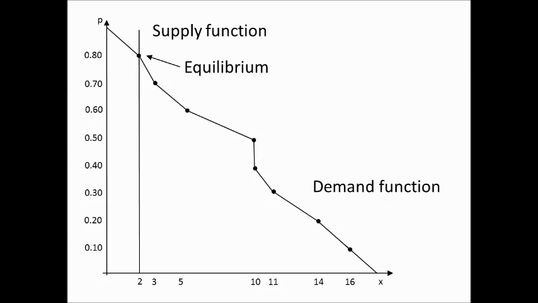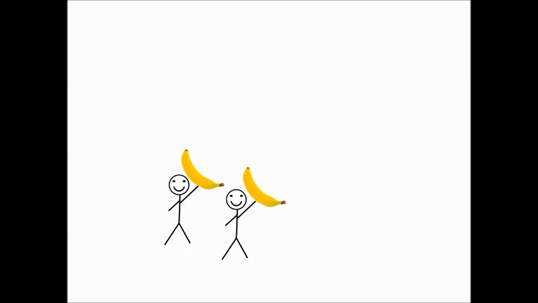So remember, in the equilibrium, two people got the bananas, and these were the people with the highest willingness to pay. So these were the people that basically had the willingness to pay of at least 80 cents. So let's go back to our picture of our market participants.